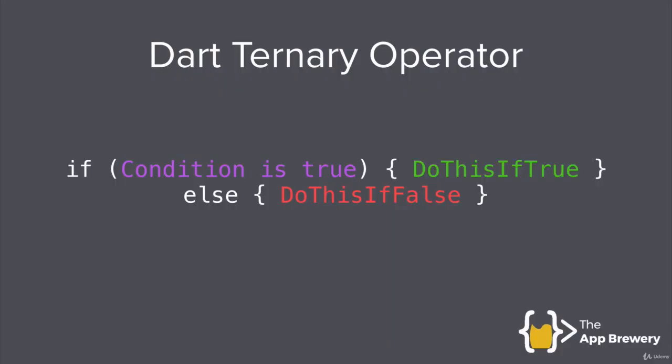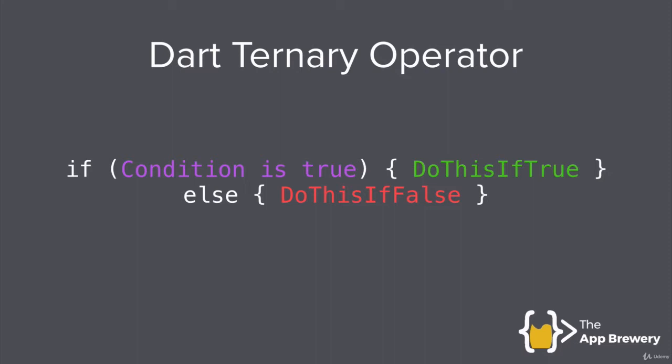Now, the Dart ternary operator is actually just a bit of what we call syntactic sugar to make something that's very long and very wordy, say an if condition is true, then do this, else do this. There's a lot of brackets, a lot of keywords, and a lot of lines of code to achieve this.